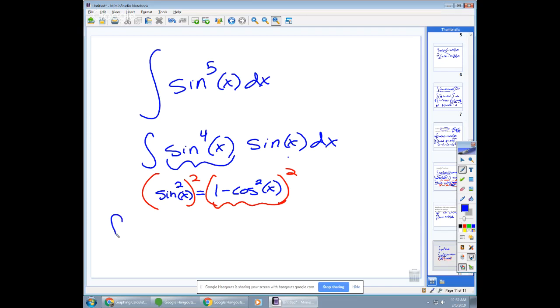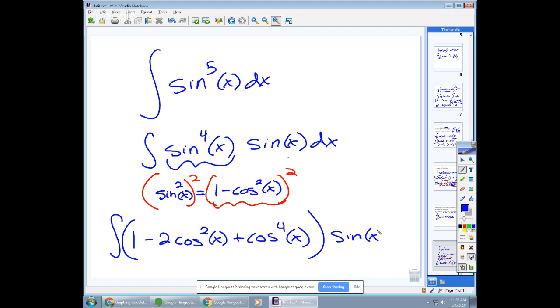So here's what I think I would get next: the integral of 1 minus 2 cosine squared of x plus cosine to the 4th of x. And remember, I pulled out the sine of x. Now we just let u be cosine, and things clean up pretty nicely.